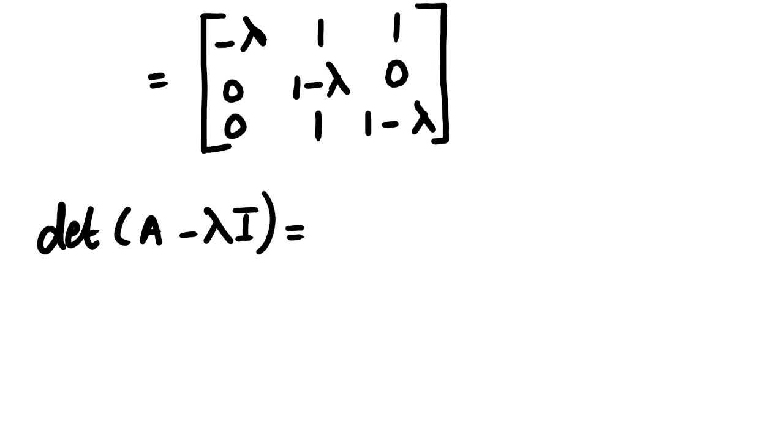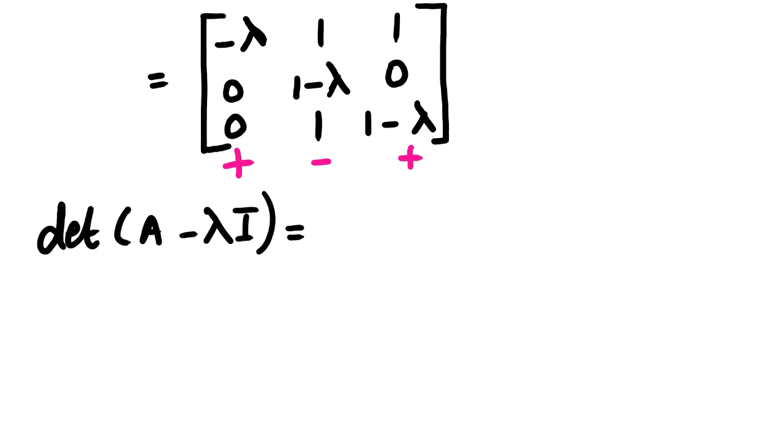We know that to find the determinant of a 3x3 matrix, we need to follow this pattern, provided we focus on the first row, first column, which will be the first element, which is this one, negative lambda.